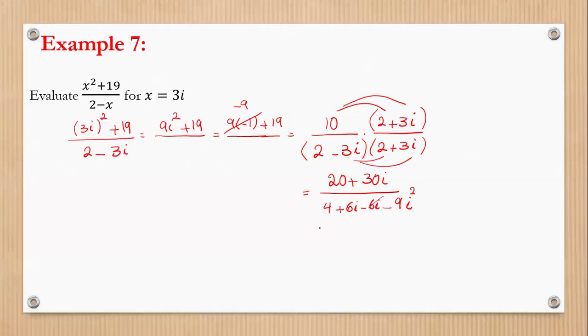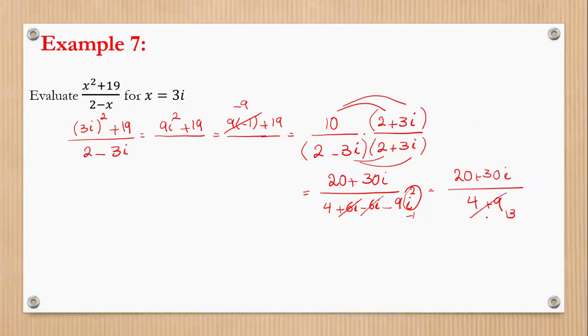Like terms cancel each other. i squared is negative 1, and negative 1 times negative 9 is positive 9. 4 plus 9, which is 13.